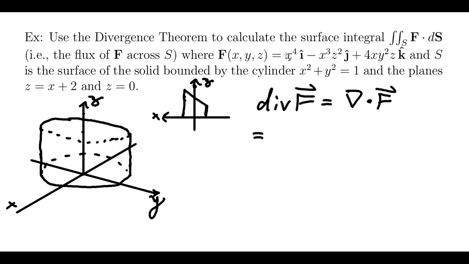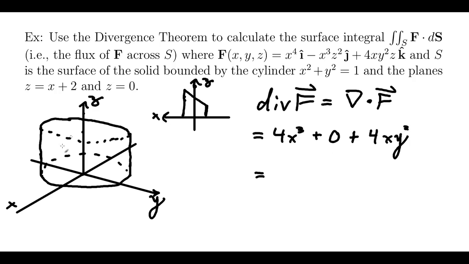So we have the partial by x of the first component, which looks like 4x cubed, plus the partial by y of the second component, that is 0, plus the partial by z of the third component, that is 4xy squared. So we could simplify this as 4x cubed plus 4xy squared, obviously.